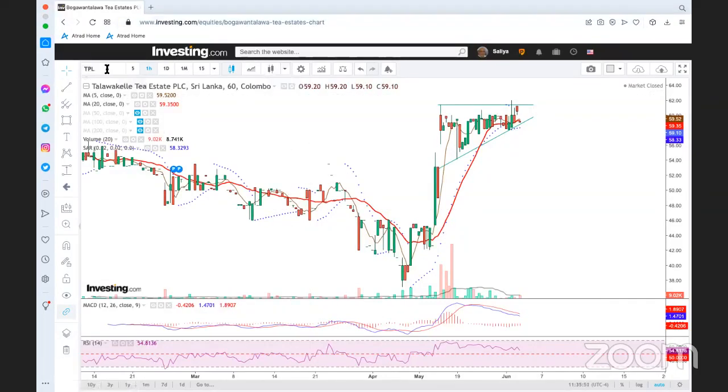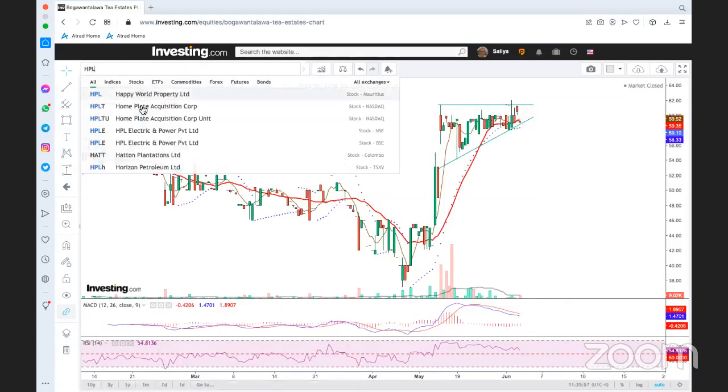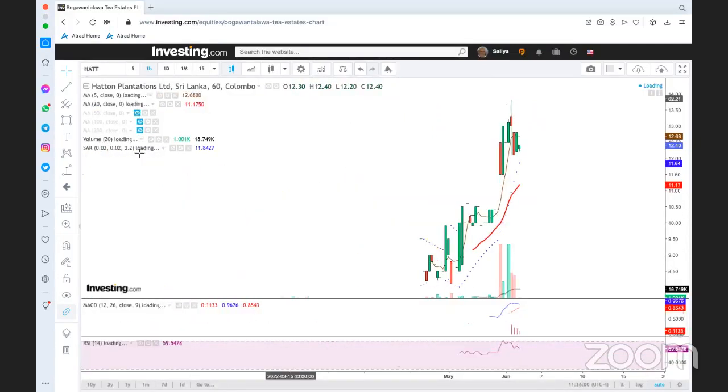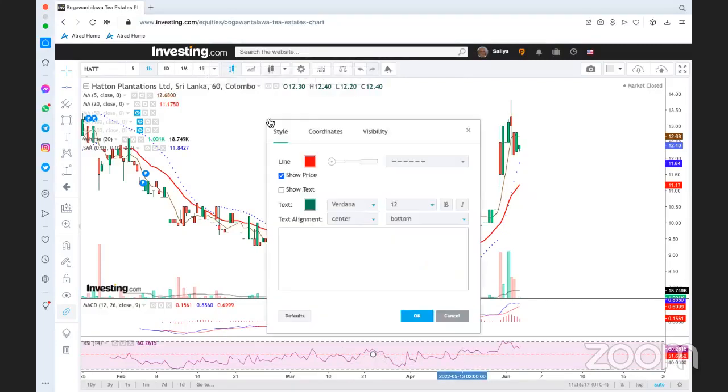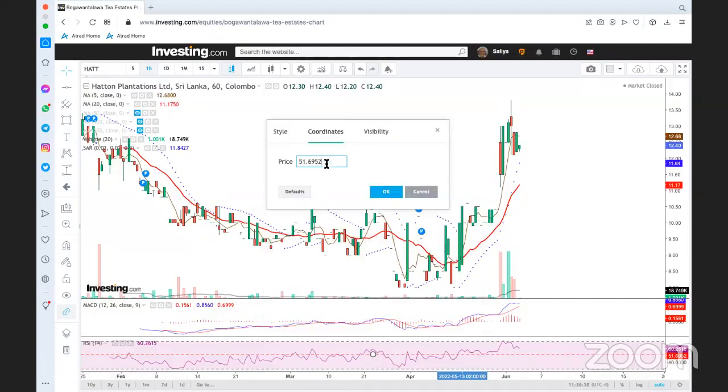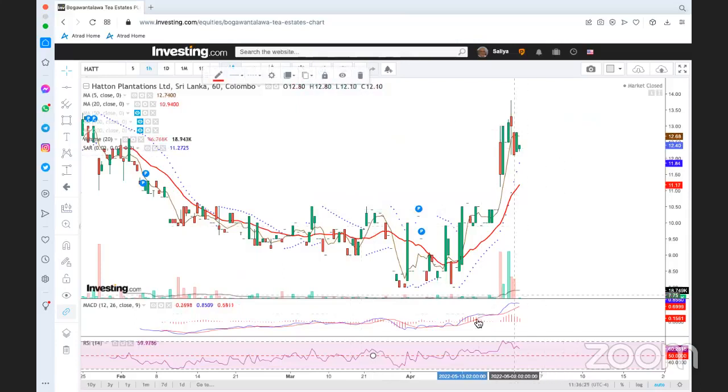Then the next counter that we saw is Hatton Plantations. In the hourly chart, the MACD line has crossed above the signal line, it's above the center line, all bullish.